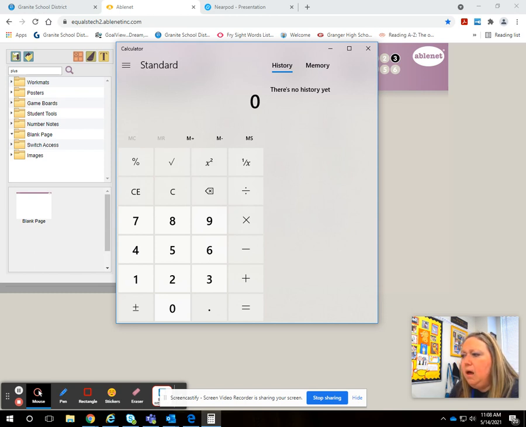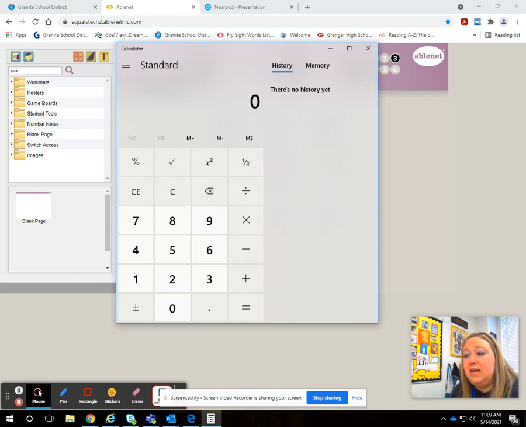Okay. All right. So using a calculator is a little bit easier, I would say, than using the number line. For one thing, it's a little bit easier to have a calculator on hand because we have them on our phones. And so almost everybody has a calculator with them all the time.